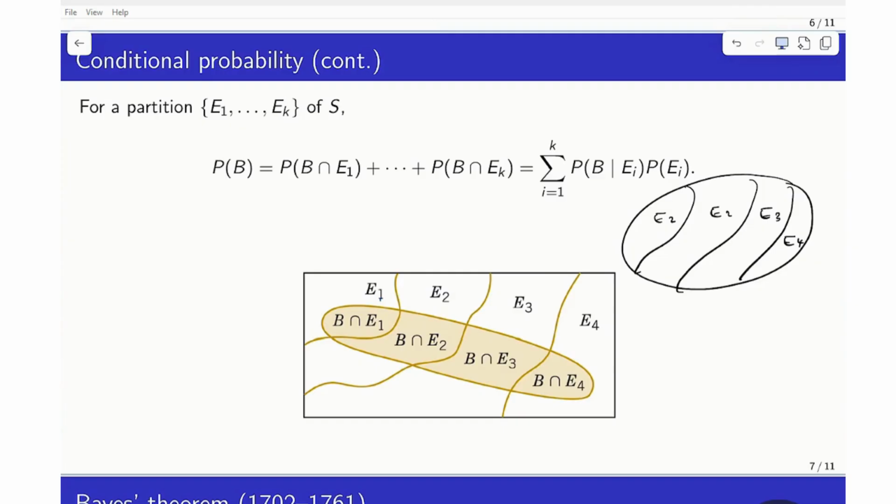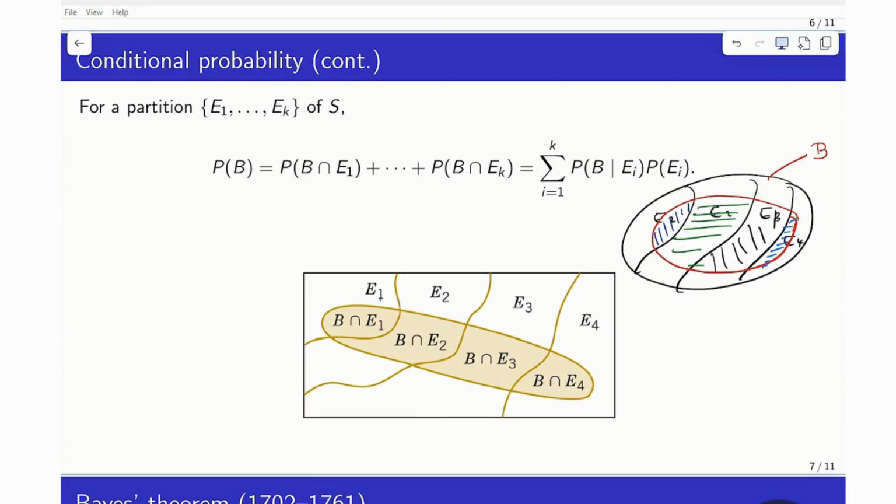Then you will see that we can express this event B as these 4 areas, and this, and also this black area, and also this area.